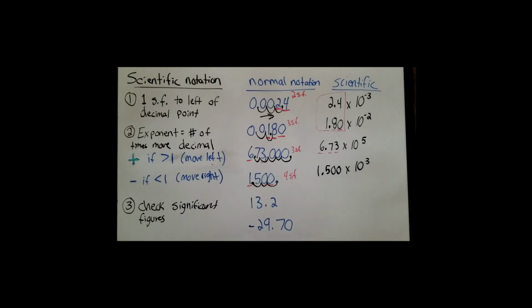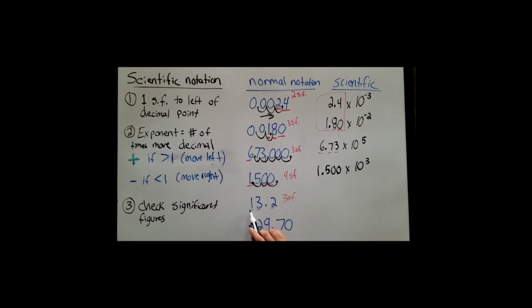So some people have trouble when the decimal is randomly in between non-zero numbers. So let's look at how we approach this one. First, starting of course with how many significant figures there are. So all of them are non-zero, so all of them matter for a total of 3 significant figures. Figuring out where the decimal point goes, we don't want it here because here we have 1, 2 significant figures to the left.